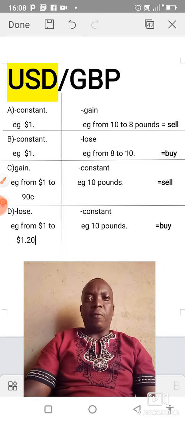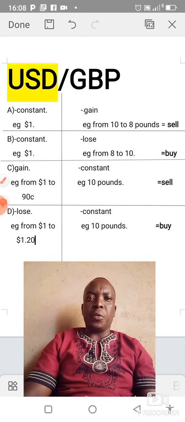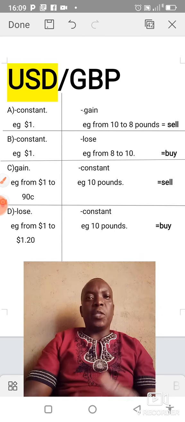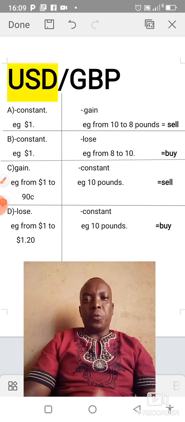On a Forex pair graph, you are going to witness the graph going down from 10 pounds to 8 pounds. If, according to your analysis, you expect the quote currency to gain in value, you're supposed to place a sell. I think that one is very clear. Let me move on to the next situation.